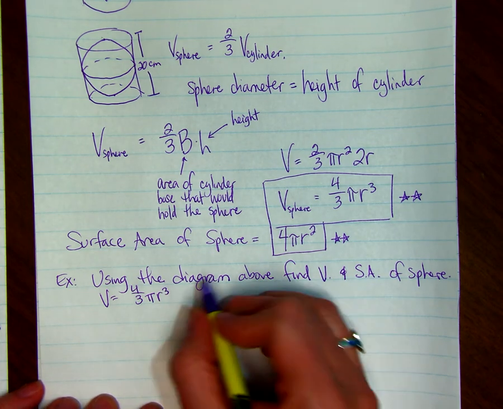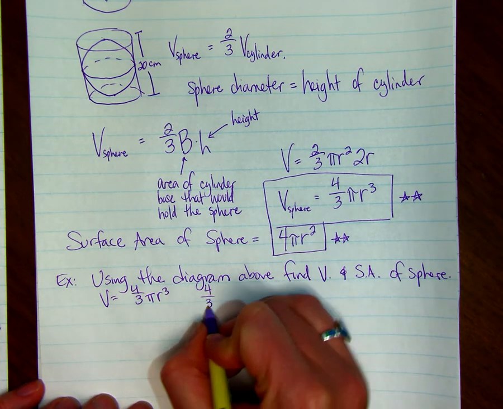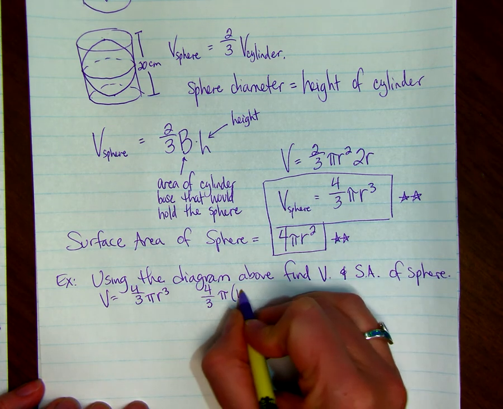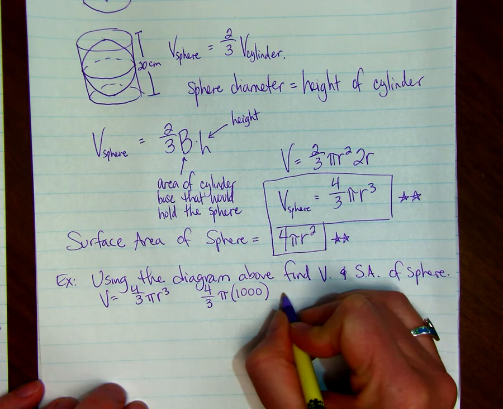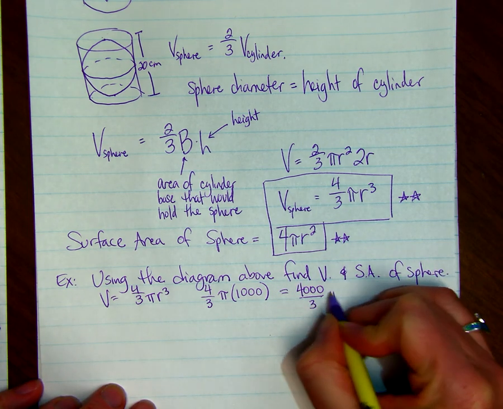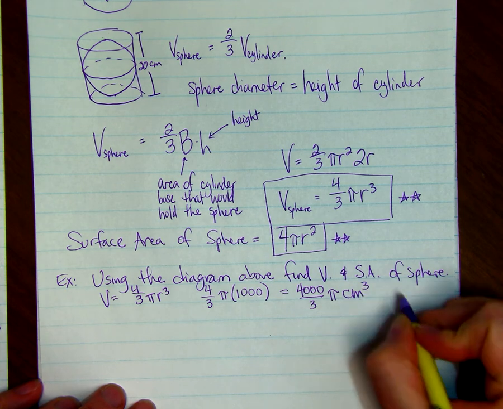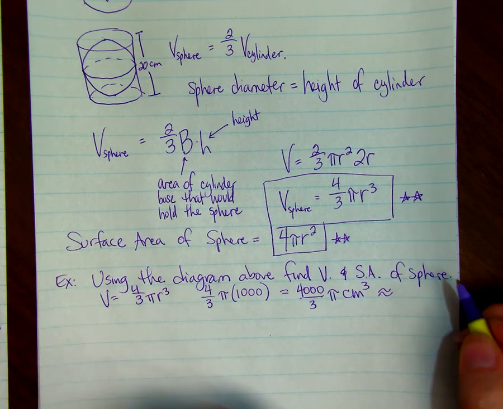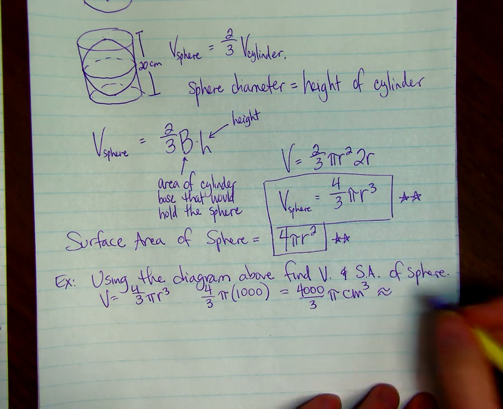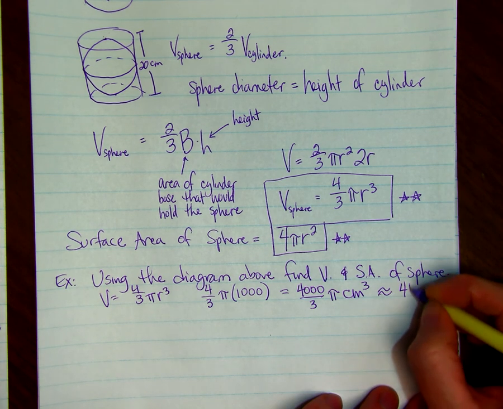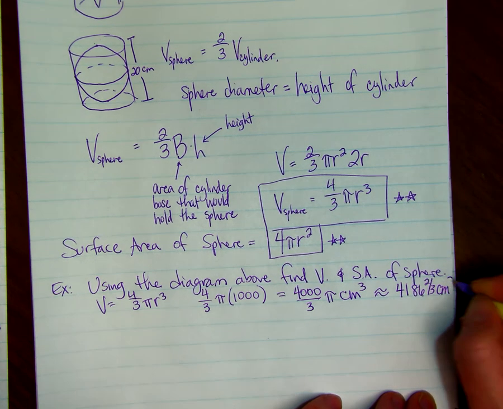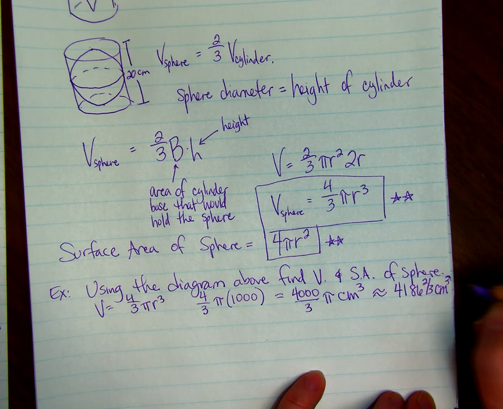Well, the radius is 10, so we'll do 4/3 times pi times 10 cubed, which is 1,000. So that is 4,000 divided by 3 pi centimeters cubed. And if we wanted to approximate, we would multiply by 3.14 and divide by 3. And we would get 4,186 2/3 centimeters cubed.